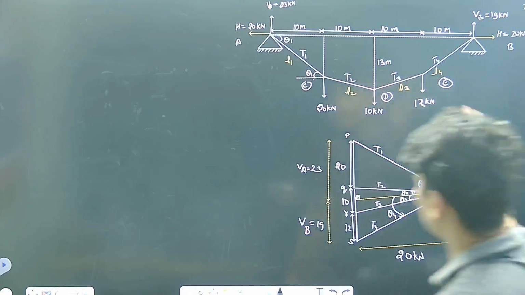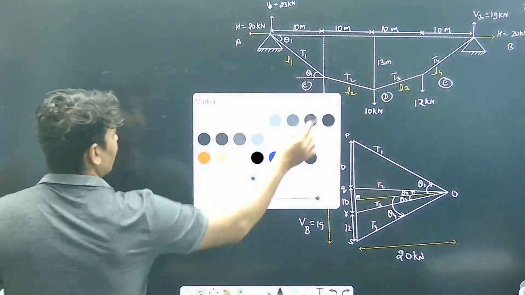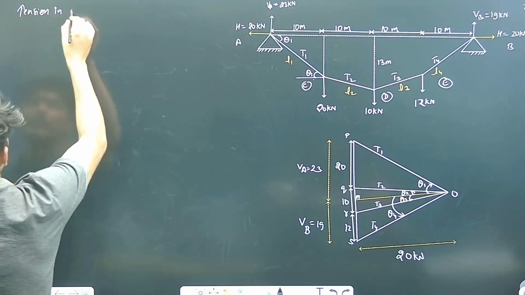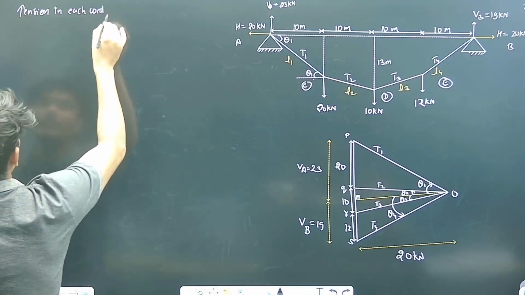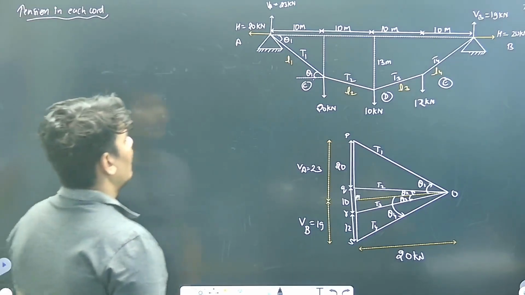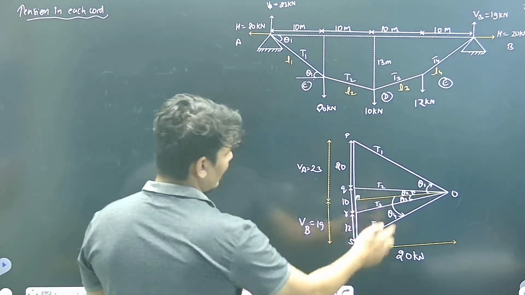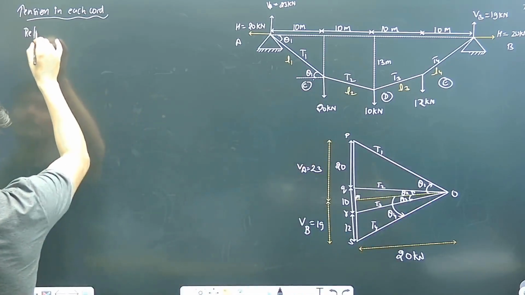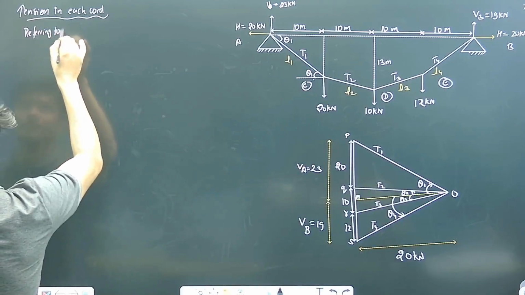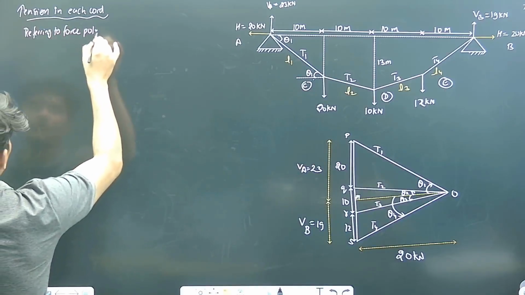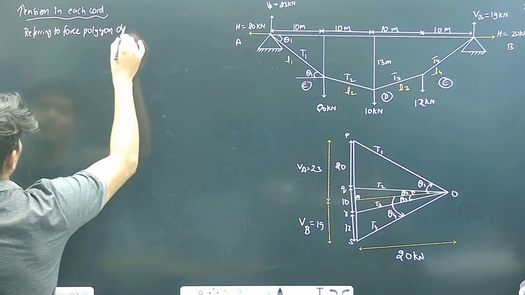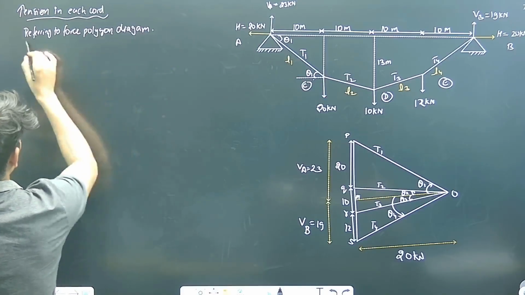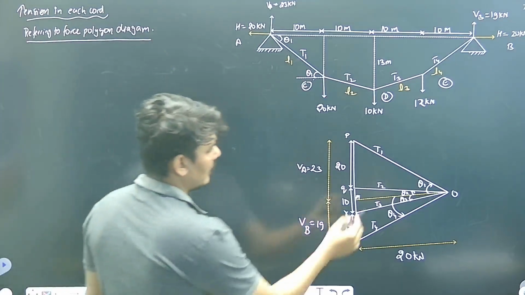Right. So first calculate tension वाला part. Tension टेंसाइल फोर्स निकालते हैं. Tension in each chord. So referring to force polygon diagram. What is T1?